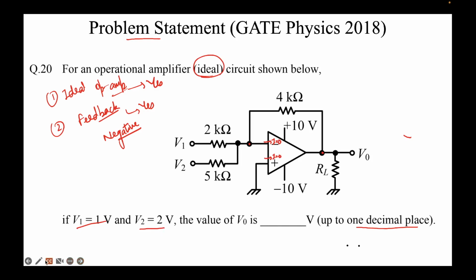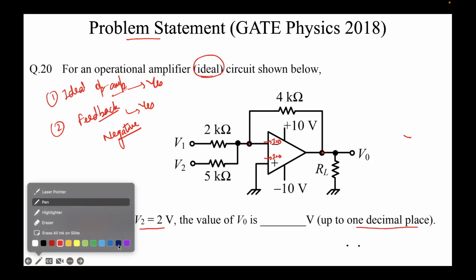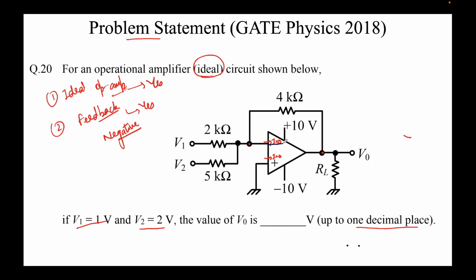Now, an interesting thing happens here. Remember we read that there is an R in. So let's try to put Ohm's law across this R in. So I'll write V plus minus V minus equal to R in times I, the current flowing here. Now this current is 0 because it's an ideal op-amp. So we can write V plus minus V minus equal to 0. This gives V plus equal to V minus.